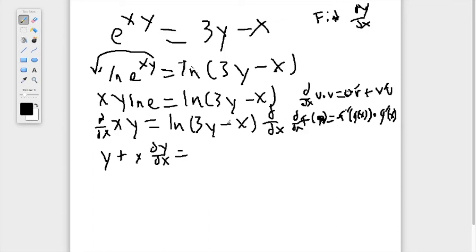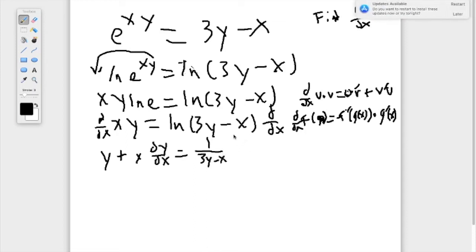Our g of x is 3y minus x, and our f is ln. So we're going to take the derivative of the outside, which is 1 over the inside, 3y minus x.